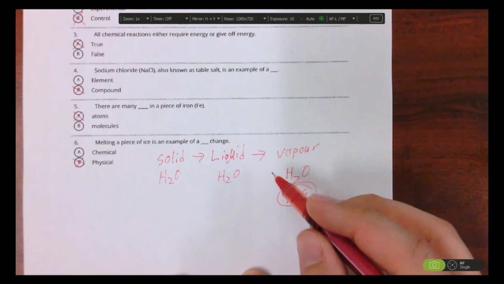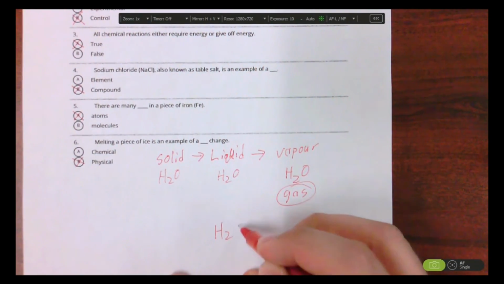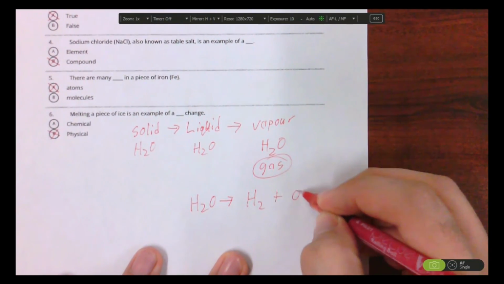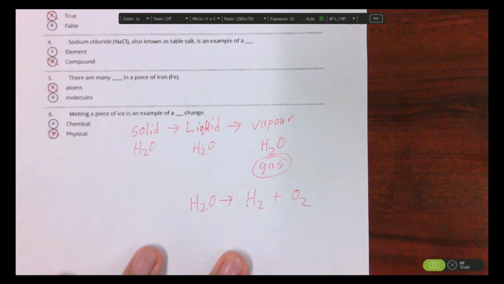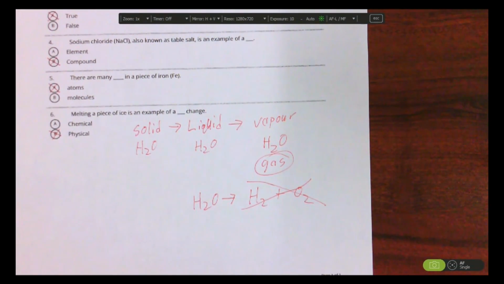People think, and this is a misconception, that when you boil water, this happens. That is incorrect, because hydrogen is extremely flammable. So is oxygen.